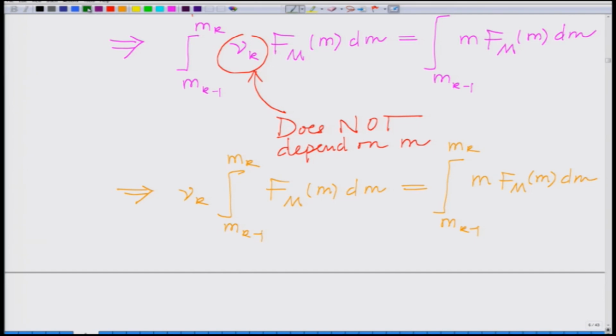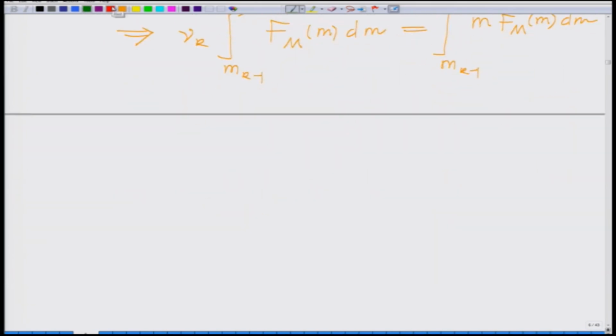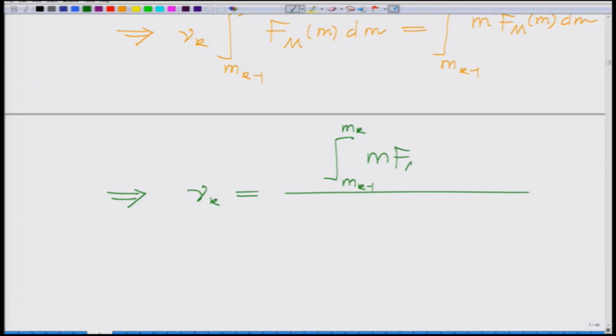And now, we have an elegant expression for nu k. Nu k equals the integral from m k minus 1 to m k of m f of m dm, divided by the integral from m k minus 1 to m k of f of m dm. Okay.